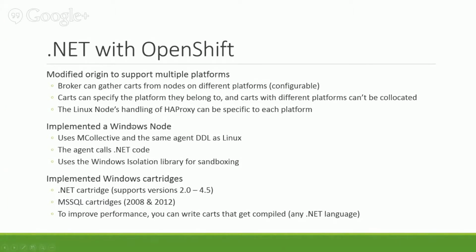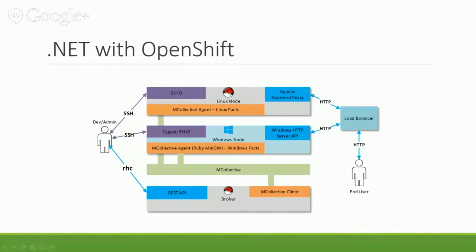I'm going to move on to this visual representation of what we built. I wanted to show that both the Windows node and the Linux node use the same communication mechanisms, both for talking to the Linux broker. Like I said, we use mcollective for that, but the same communication mechanisms also exist for talking to the dev or the admin.